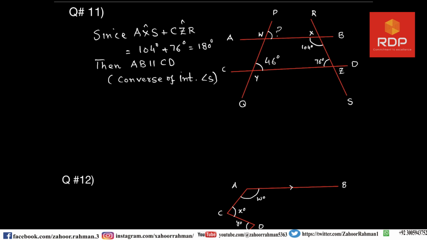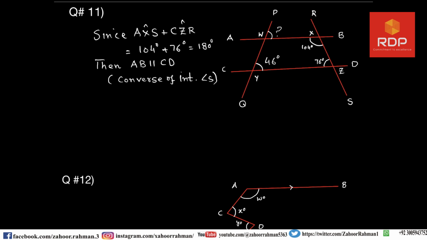So we can conclude from it that AB line is parallel to CD line.